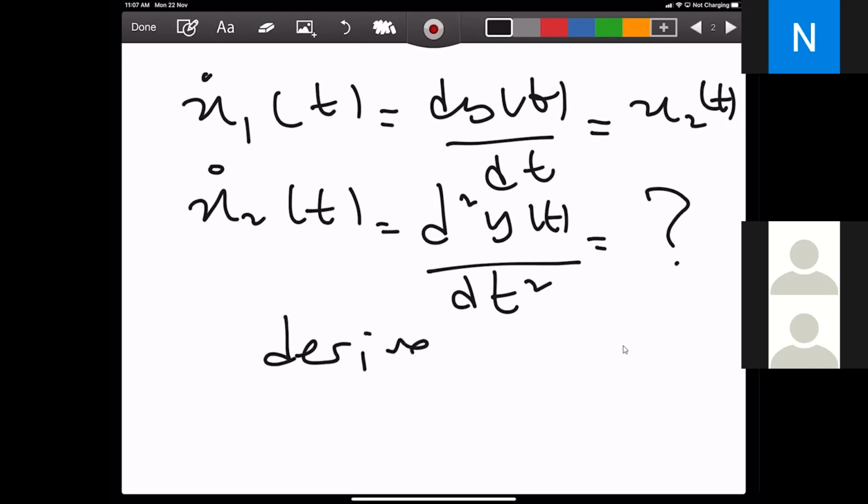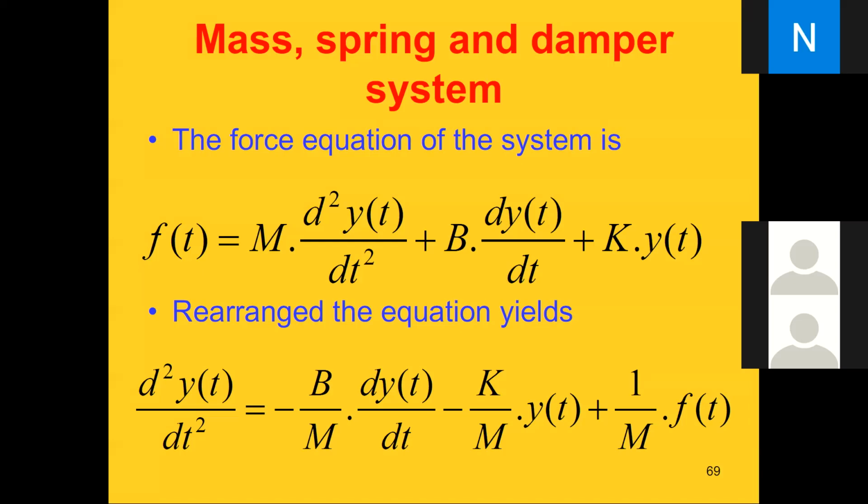So where to derive is here, from the force equations from the free body diagram. You bring d square y over dt square to the left.